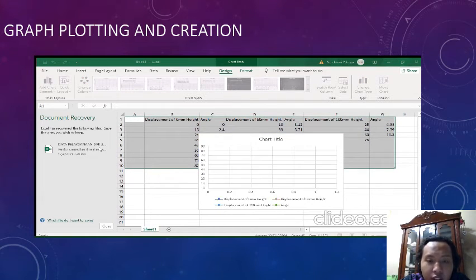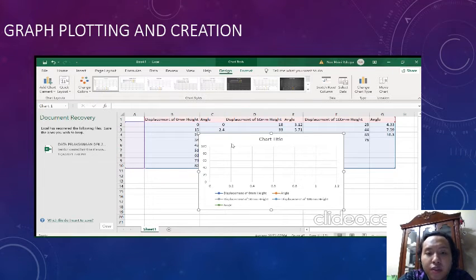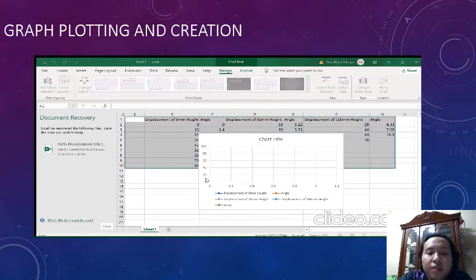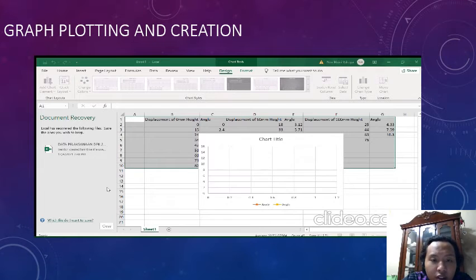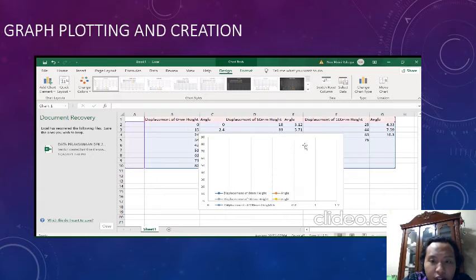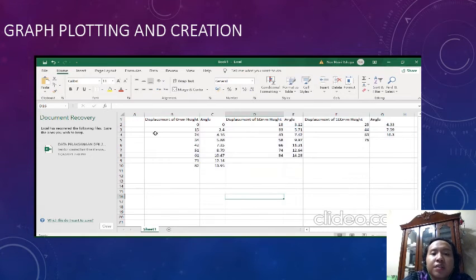So we take the chart, smooth and marker graph. We select all the data and we choose the x-axis and y-axis.